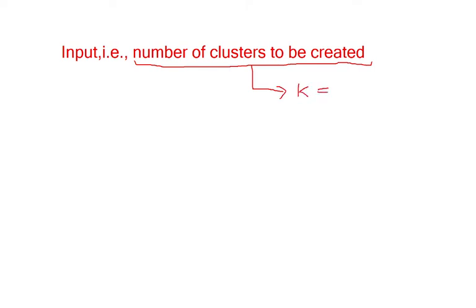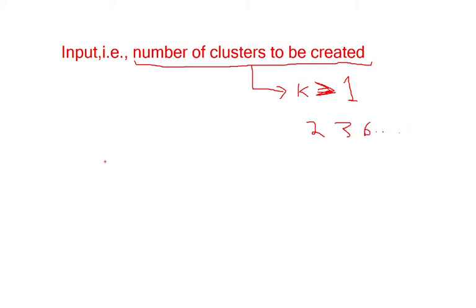And k can be any value greater than 1. I am not saying equal to, right? It should be greater than 1. For example, it should be 2, it should be 3, it should be 6, and so on, right?